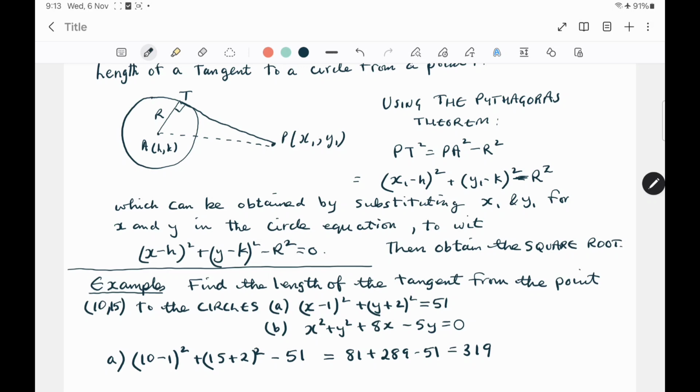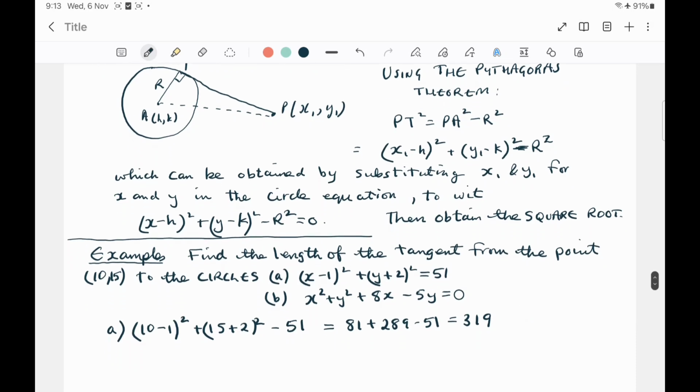So, to find the length of the tangent, all you do is take the square root of that. So, tangent length is square root 319. You can leave it like that. There's no need to go any further.